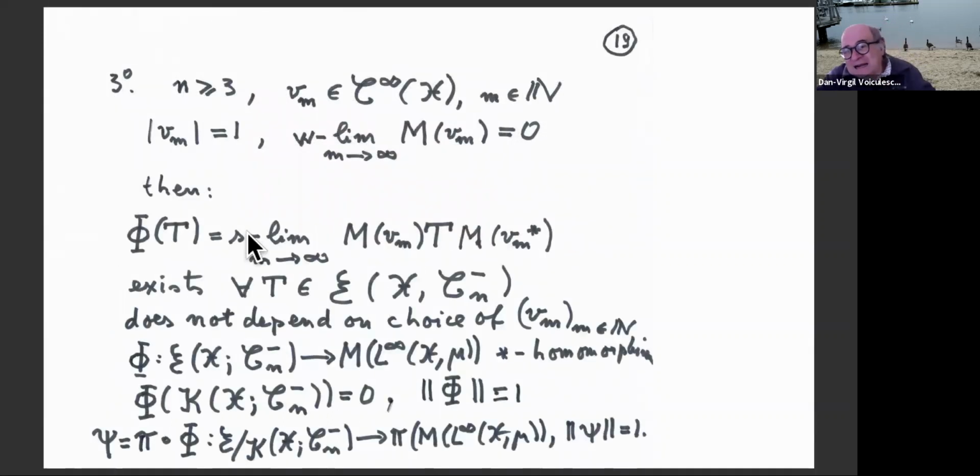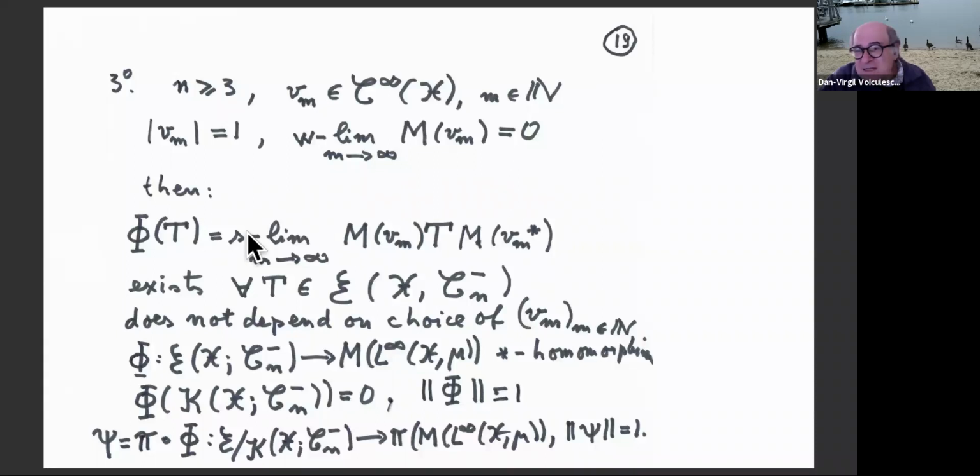Now, there are other properties, which have to do with the preservation of Lebesgue absolutely continuous parts. Here the results are, so the ideal is C minus n, and n is larger than or equal to 3.